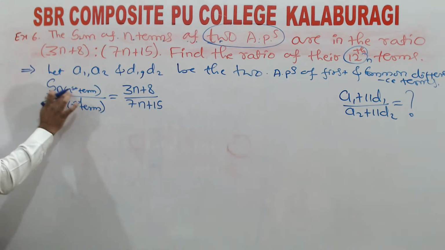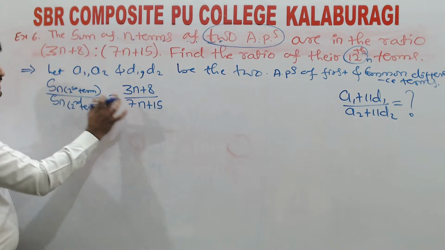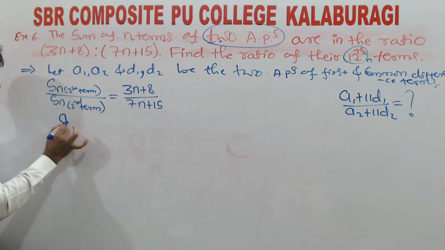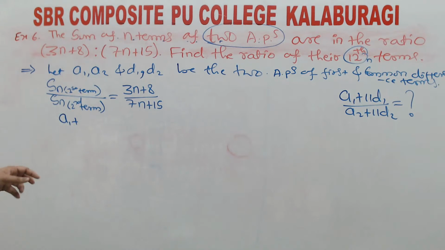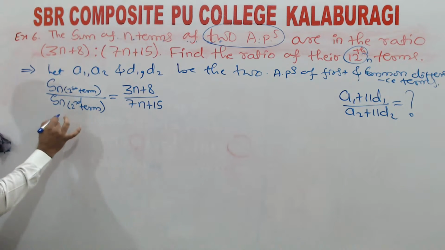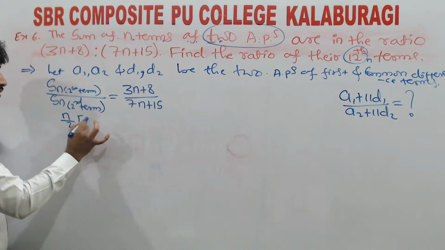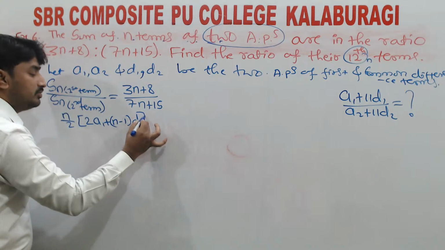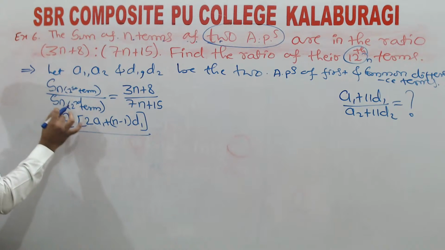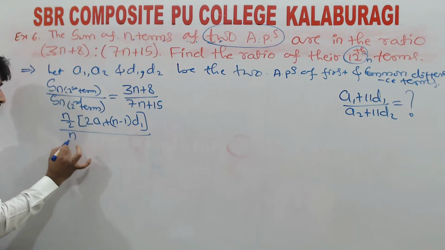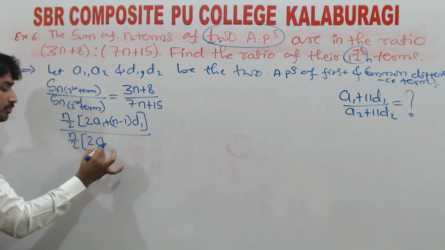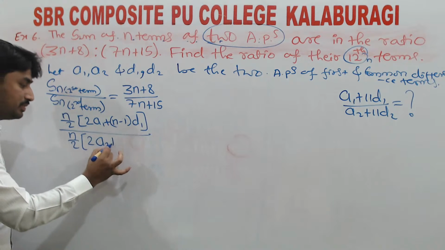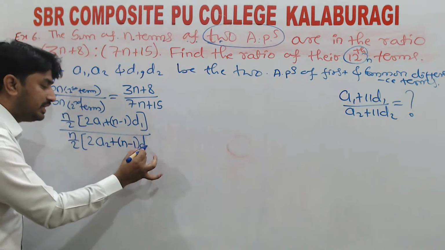So here Sn1 divided by Sn2 is written as given. Using the Sn formula, Sn1 is n by 2 into 2a1 plus n minus 1 into d1, divided by Sn2, which is n by 2 into 2a2 plus n minus 1 into d2.